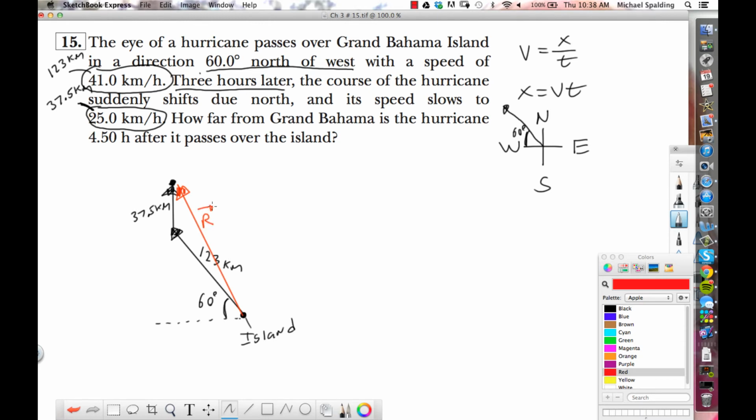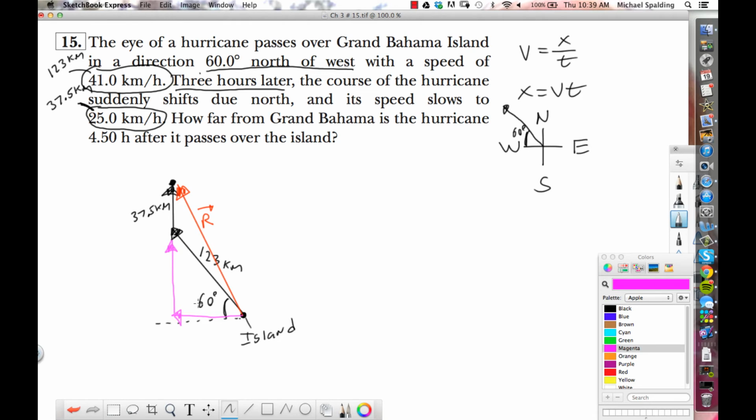Okay, so how do we go about solving for that resultant vector? Well, to do it mathematically, you have to figure out the total x and the total y. So let me go to magenta. This first vector, the 123, has an x component, which is that, and a y component, which is that.